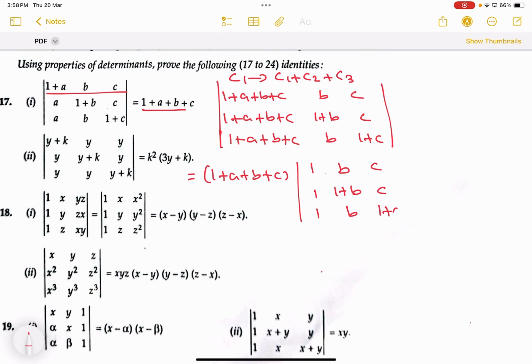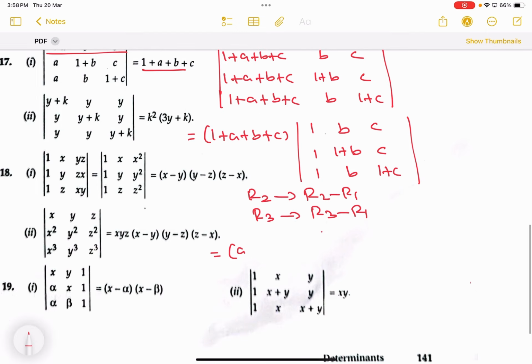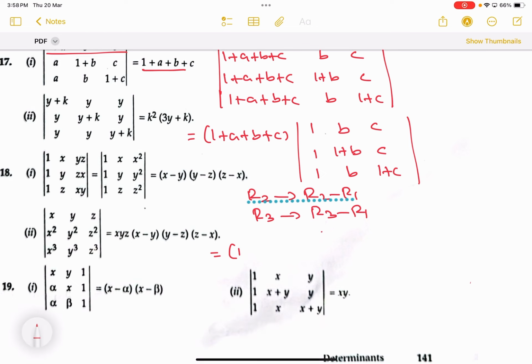Same like a normal question, make any two elements 0. So what you can do: R2 replace with R2 minus R1 and R3 replace with R3 minus R1. So what will happen? It will become 1 plus A plus B plus C, then 0, 1, C minus C is 0, and then 0, 0, 1.